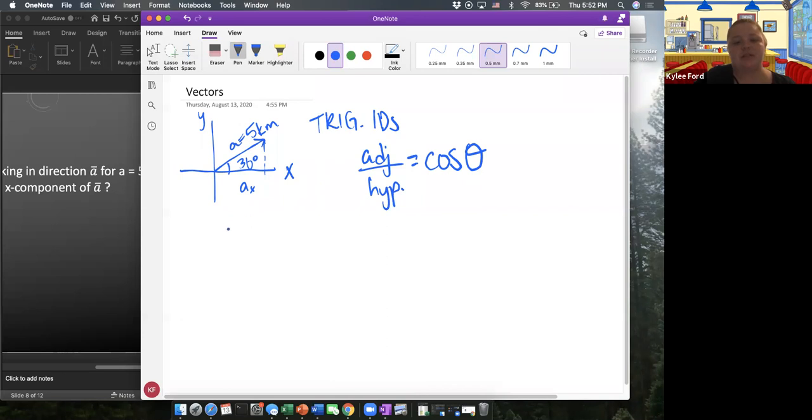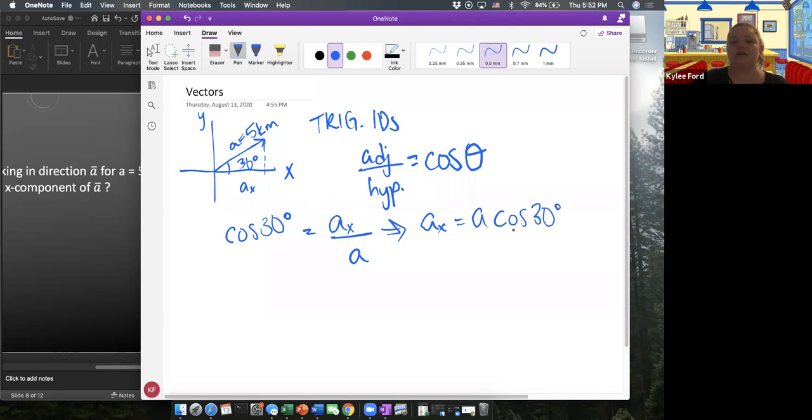I will put this in. We have cosine of 30 degrees equals our adjacent, which is A x, divided by our hypotenuse, which is A. Then using some algebra, we can solve for our A x. So our A x equals A cosine 30 degrees, or theta.